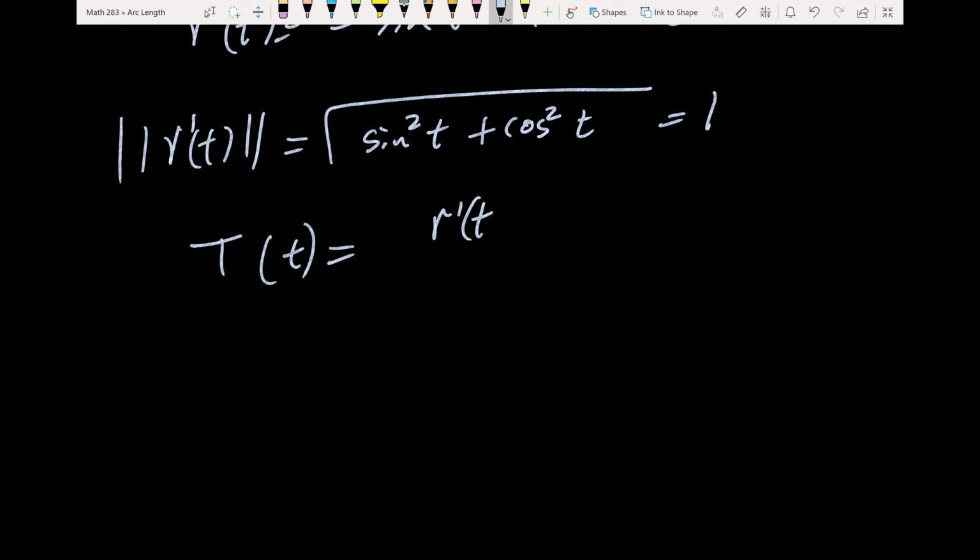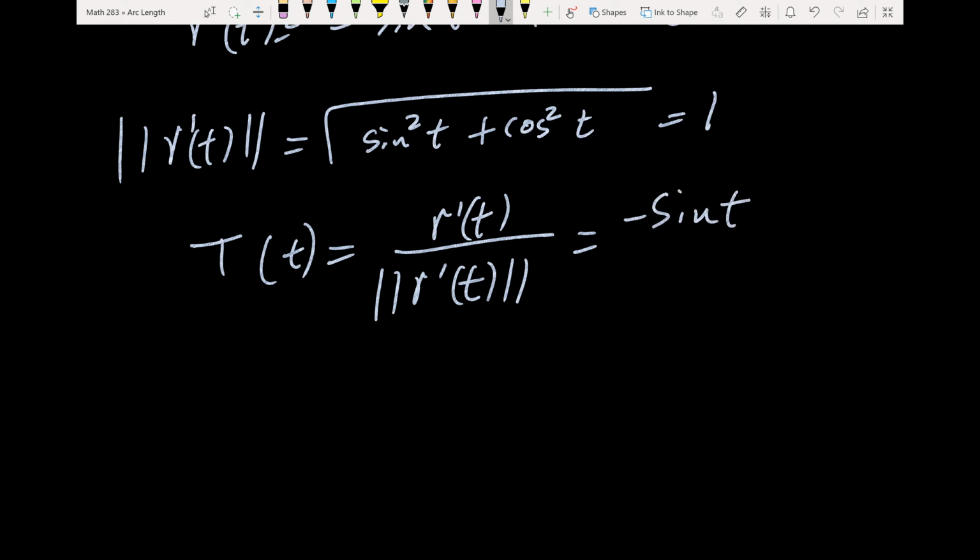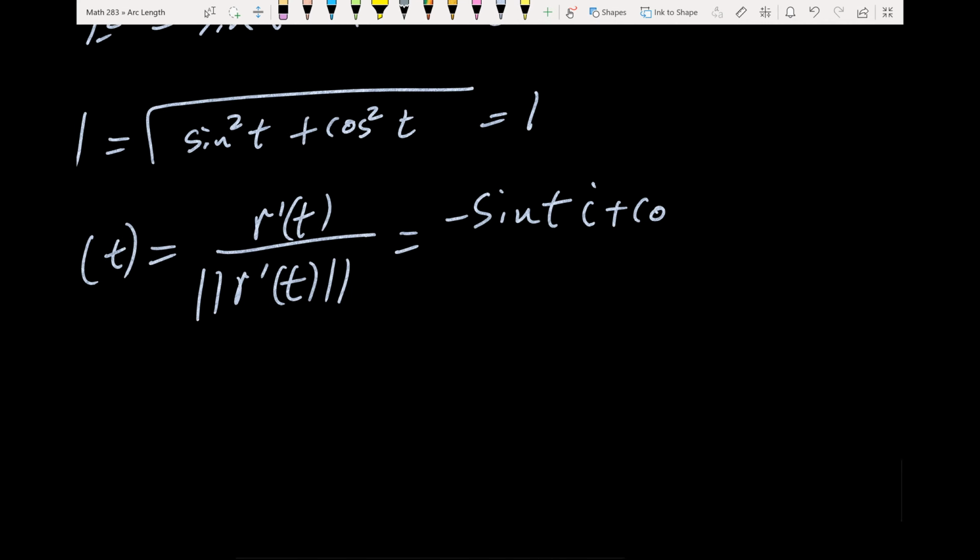R prime of t over the magnitude of r prime of t, which gives us negative sine of t i plus cosine of t j. We did all that work to get almost like the original. So wait, something is missing over here. Yeah, that's right, yeah.